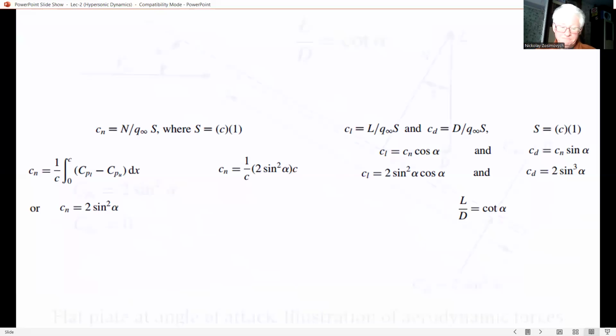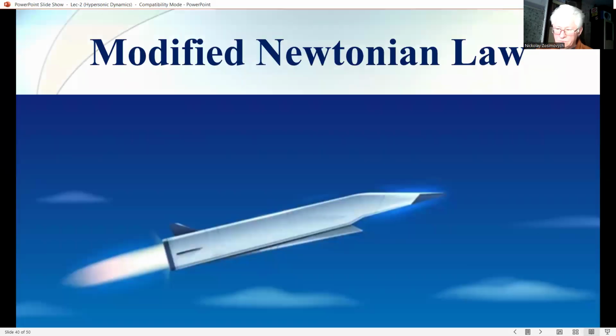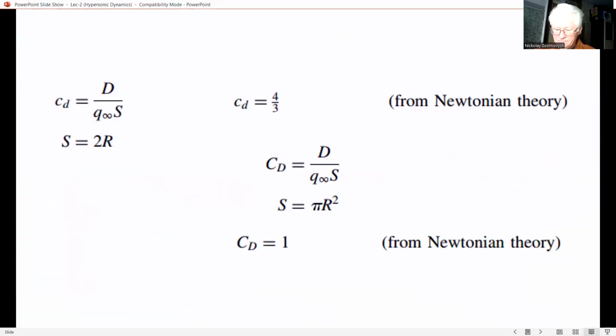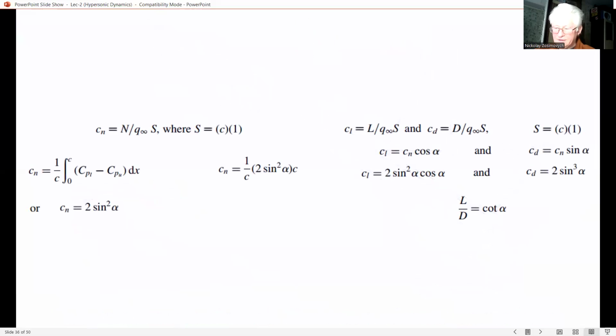From the geometry, we see that the lift and drag coefficients are defined as CL equals L over q times S, and CD, the coefficient of drag, equals D, drag, over q times S, respectively.